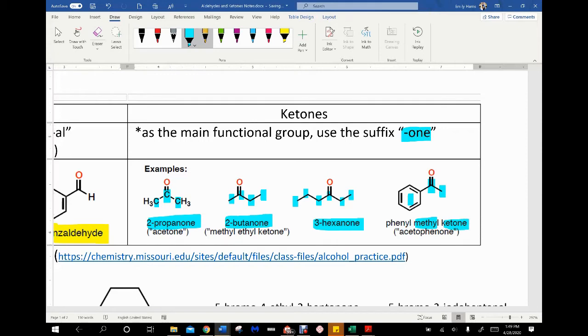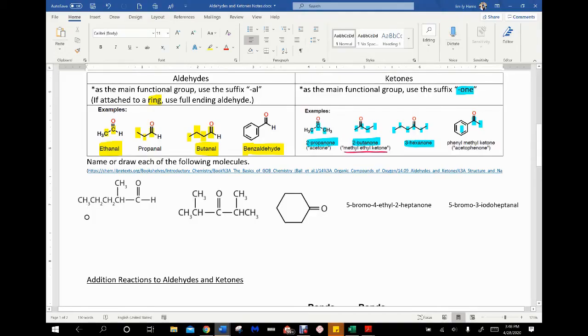So phenyl methyl ketone just means you have a phenyl on one side, a methyl on the other side. And they gave us an example of that here as well on the second one, where you could have named it methyl on the left, ethyl on the right, and then the ketone in the middle. So those are just a little more common names. The 2-butanone would be.